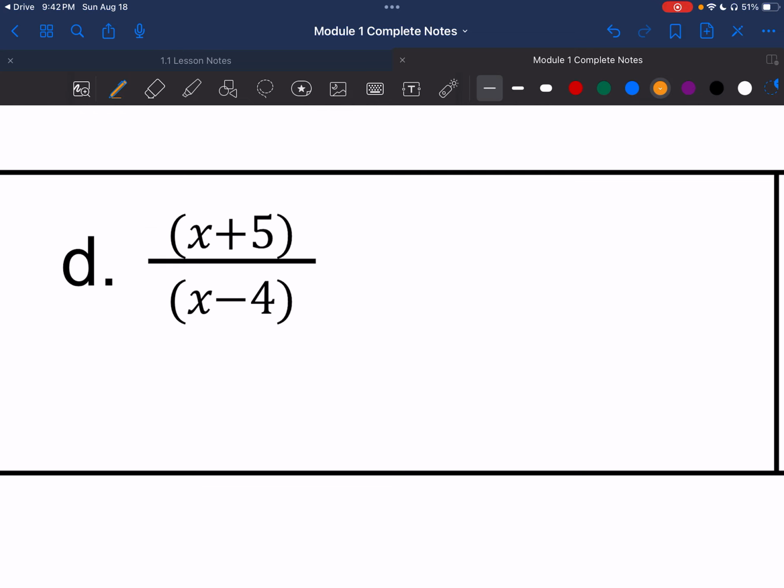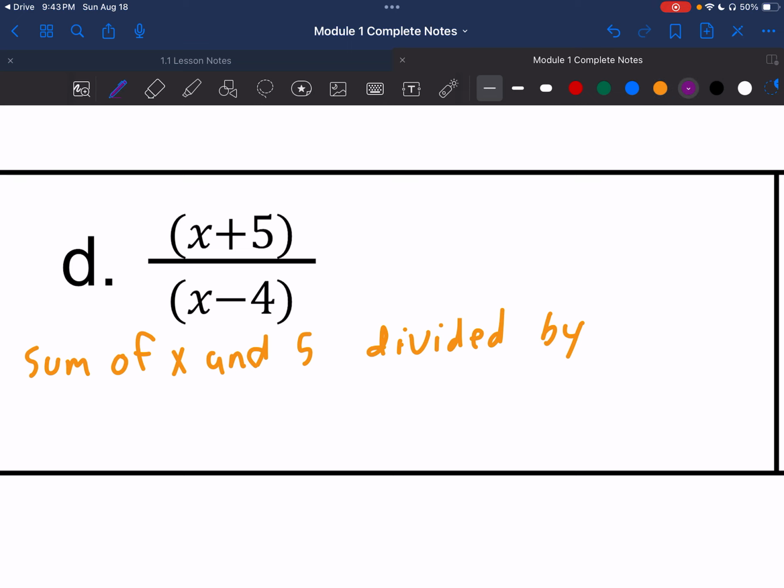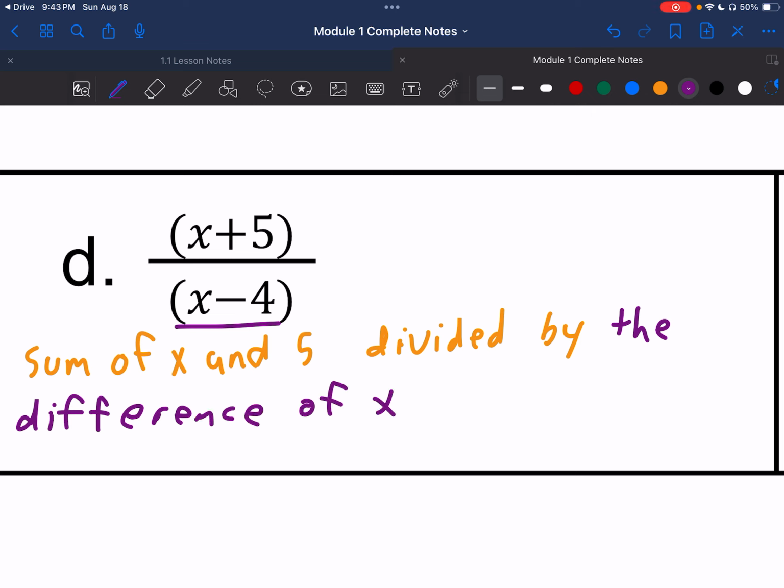All right, letter D, we have x plus 5 and x minus 4, and we have a fraction there. So we could say the sum of x and 5 divided by, and now let's look at the bottom part, we have the difference, because we're subtracting, of x and 4.